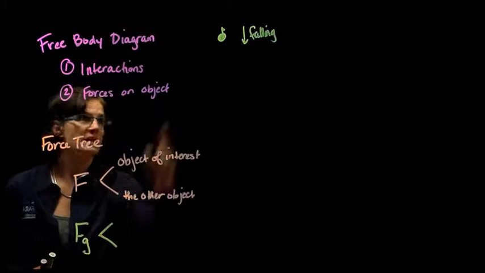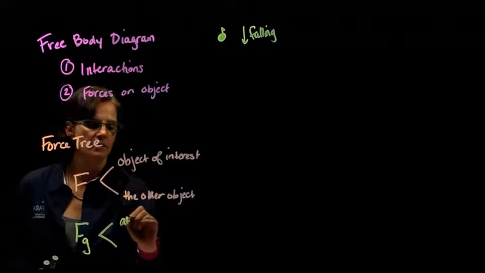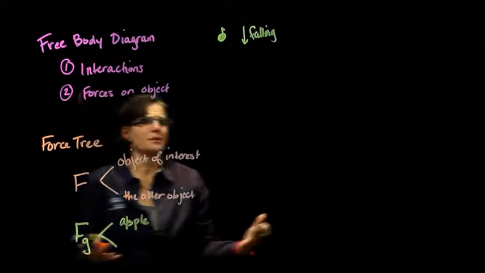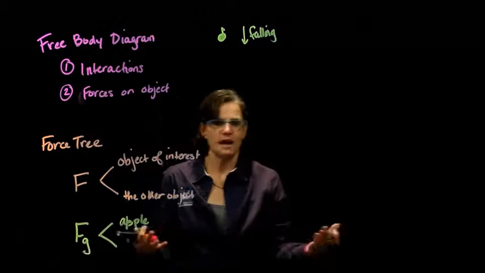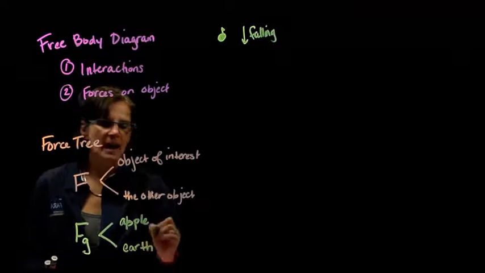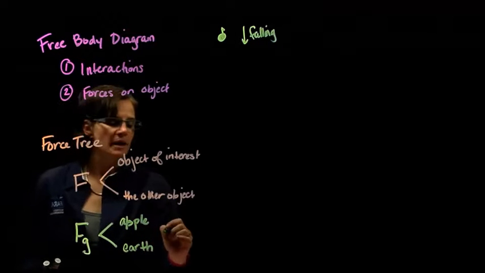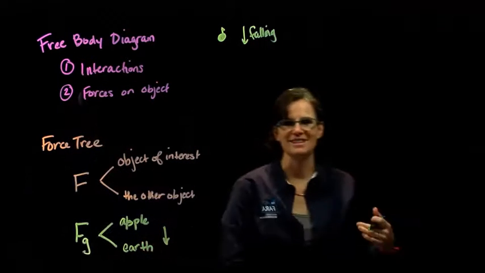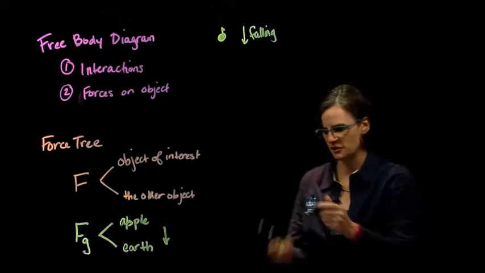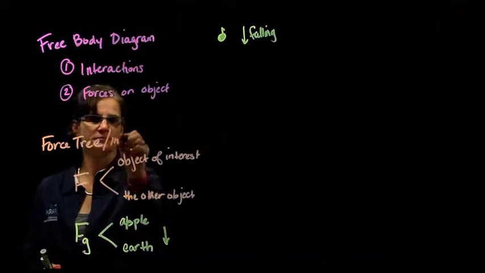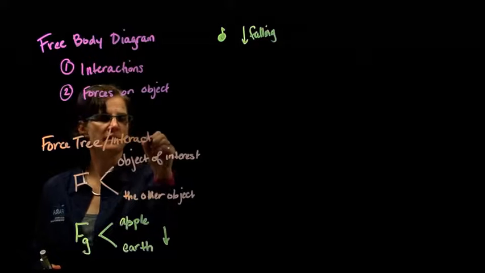It would be between the object of interest, my apple, and the other object interacting with that apple, causing that force, which in this case is the earth. And I would encourage you to make an idea of what direction that is happening and represent that as an arrow on your force tree, on your interaction. So these are our interactions, identifying the forces.